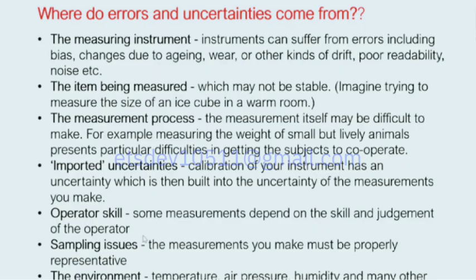Operator skill and sampling issues, which we are not relating to here, but sampling actually contributes to about 70% of the error, whereas analysis only contributes a small part. So the sampling protocol, which is developed to pick up a sample that is representative of the lot, is extremely important. Of course, the environment, the temperature, the atmospheric pressure, and the humidity all matter. This is the reason that NABL always says that the temperature and the relative humidity have to be maintained and recorded.